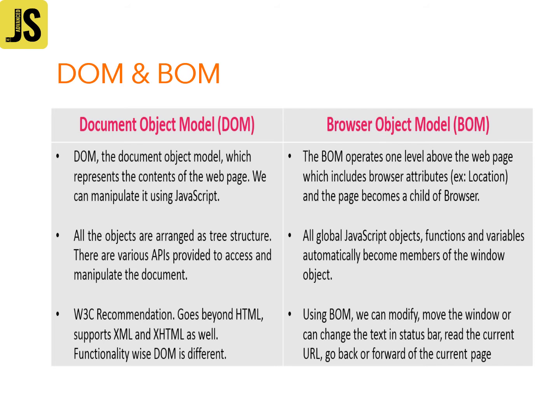At the same time, we can read the current URL. From the current web page, we can move forward using the BOM properties, and we can move backward using the BOM properties. These things are available in the browser object model, and these are the main differences between DOM and BOM.